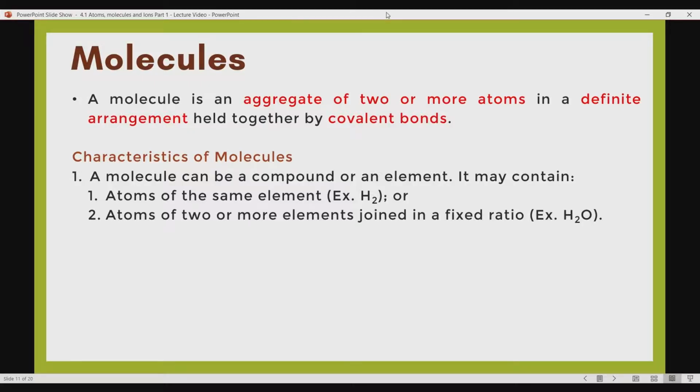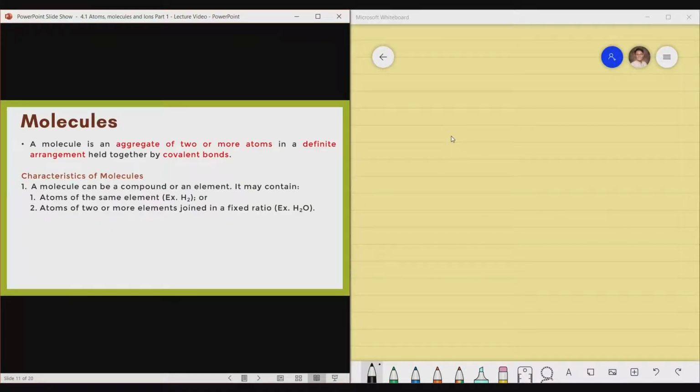Okay? Now, let me just write that one. So, atoms of 2 or more elements. Meron tayong dalawang element dito sa H2O, that is your hydrogen and oxygen. Hydrogen has 2 atoms. Paano nalaman na dalawang atoms? Ito pong subscript. Yung mga subscript, sinasabi niyan gaano kadami yung atom ng isang element.